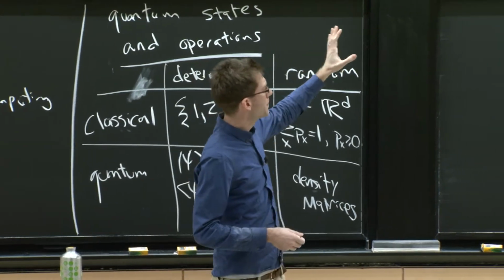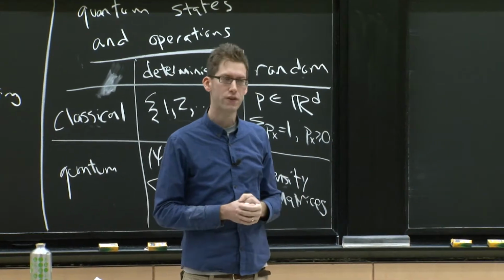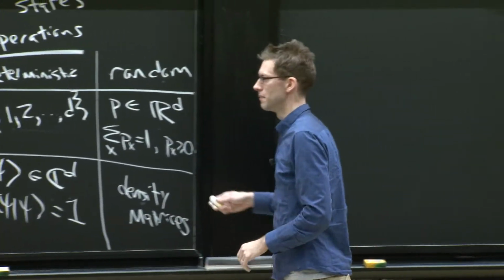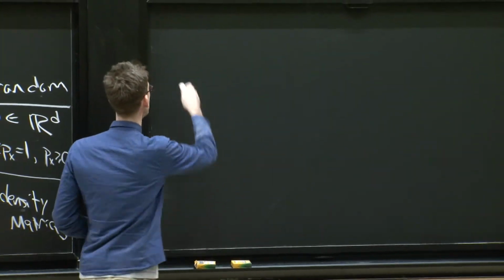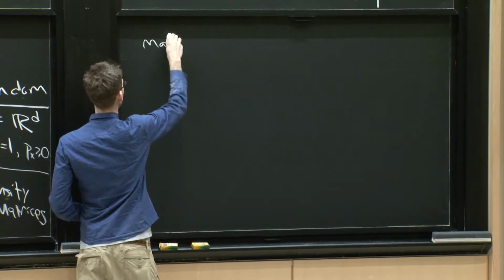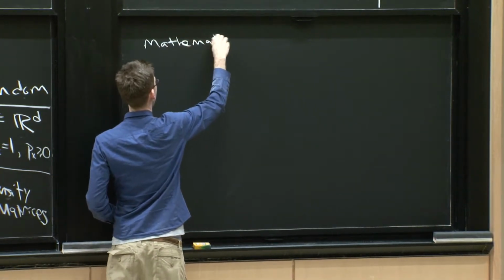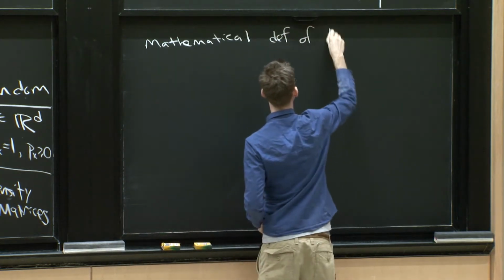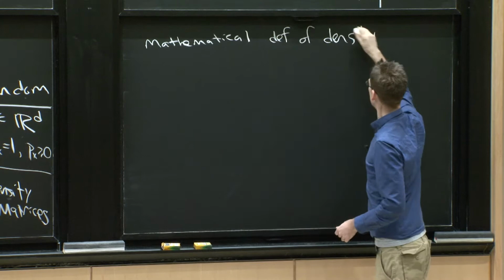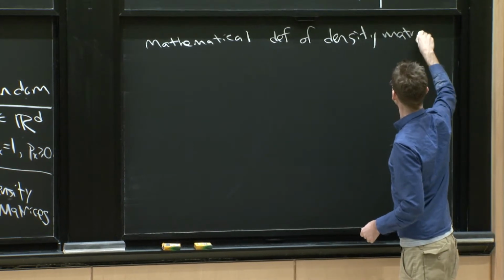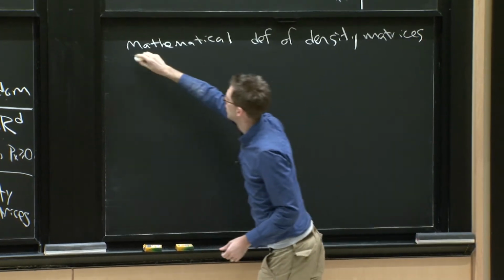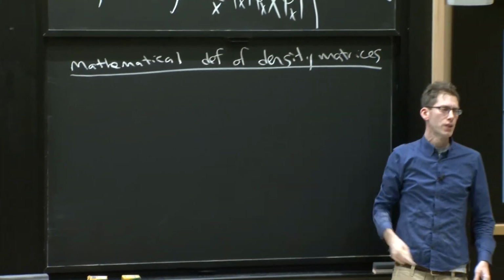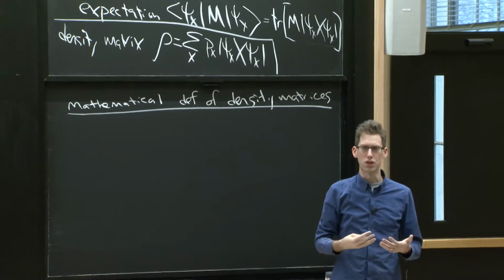On the other hand, there's something a little bit unsatisfactory about the definition of density matrices that I've given. What we would like is a more mathematical definition of density matrices. You could say that this definition here is a little bit like an operational definition, right?